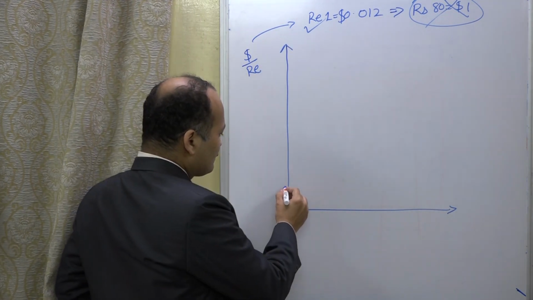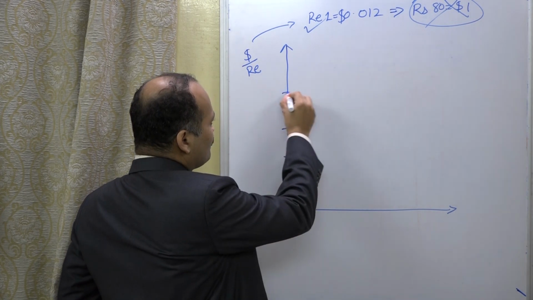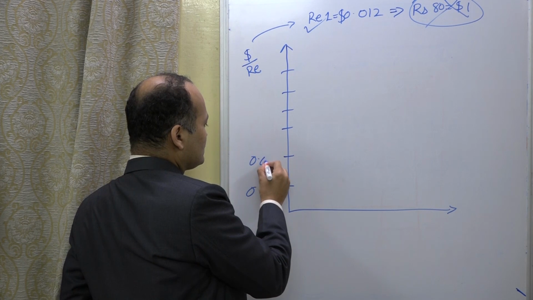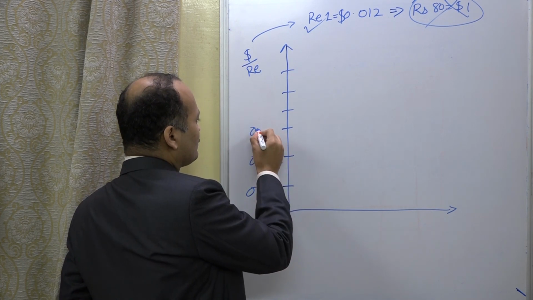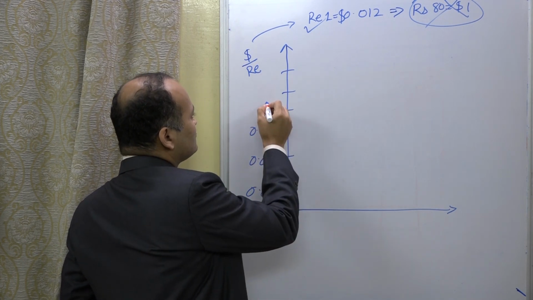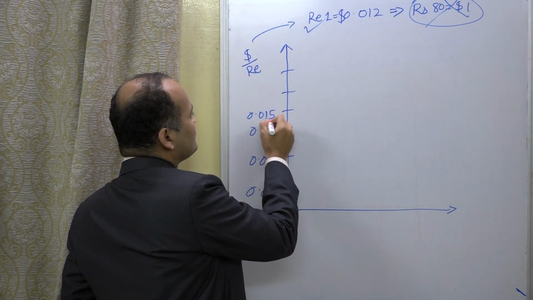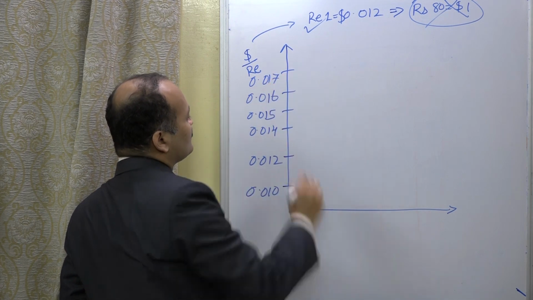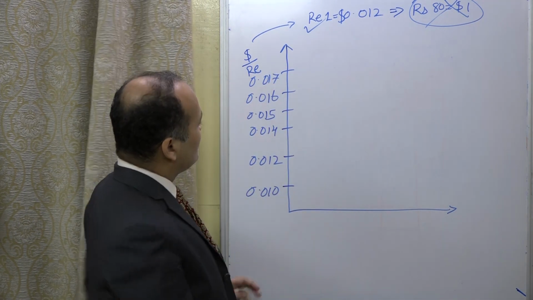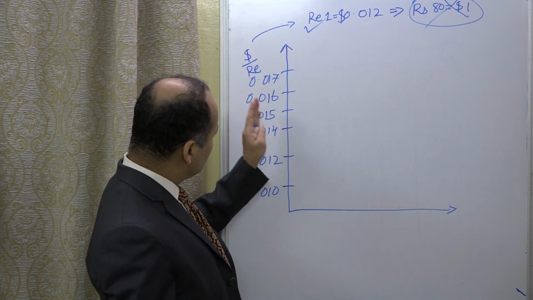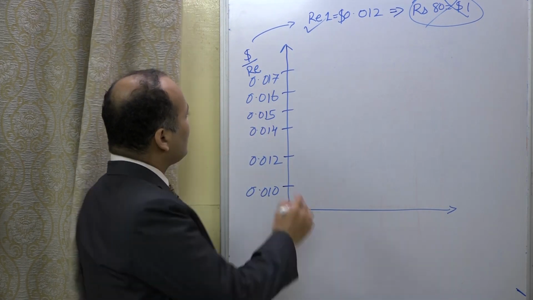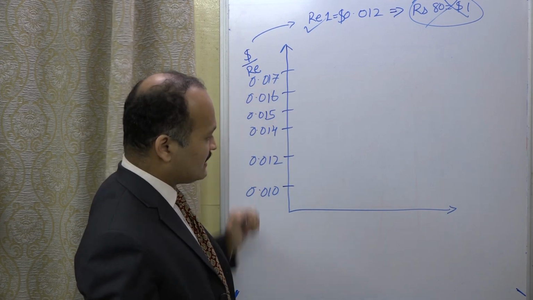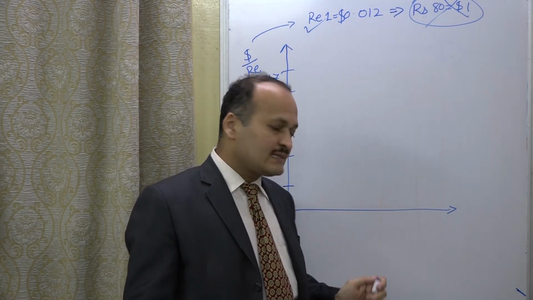So if it is 0.010, this will be 0.012, this will be 0.014, say 0.015, 0.016, and likewise. As I am going up along the y-axis, I am depicting that the rupee is getting appreciated.